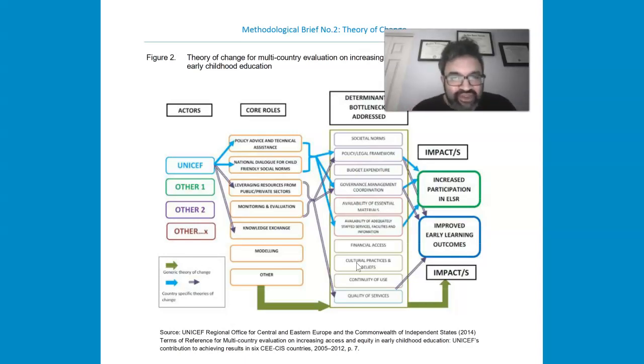And the specific example that this is using is a multi-country evaluation on increasing access and equity in early childhood education.